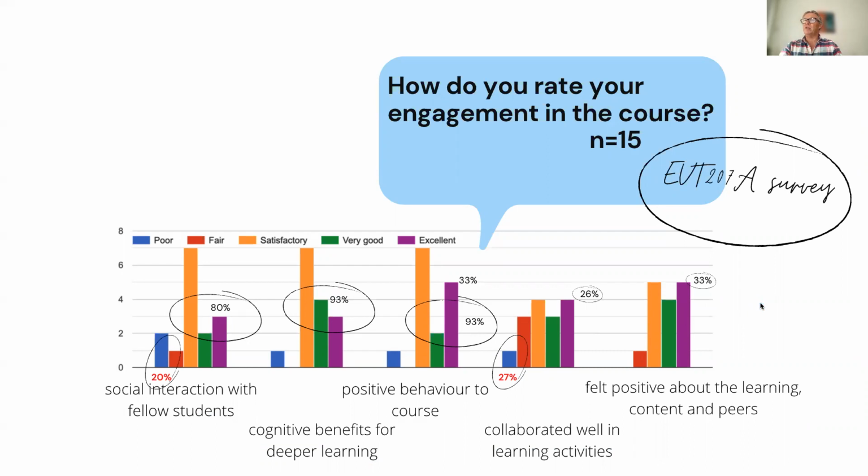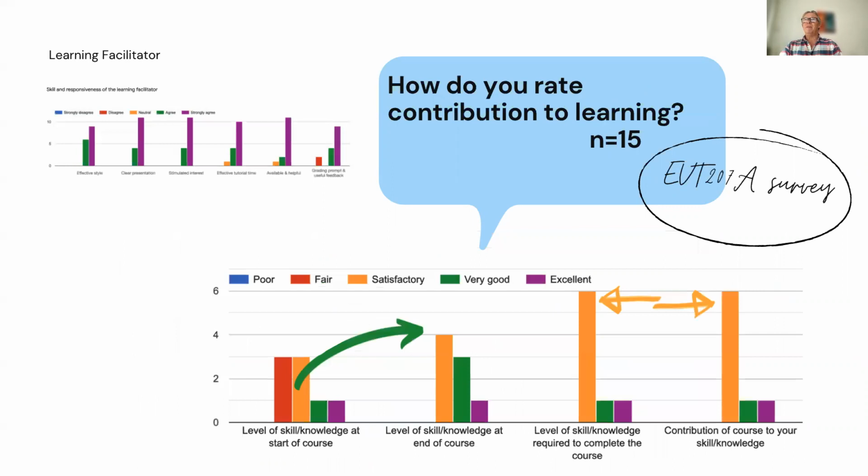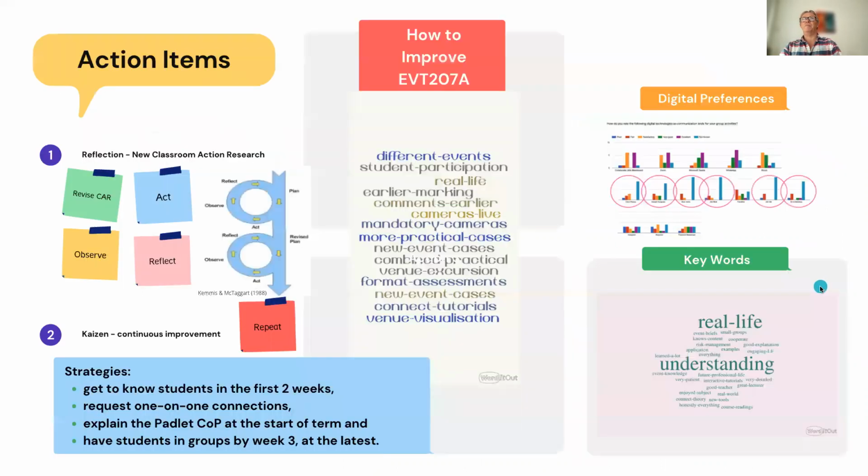So 2 areas that the students also see are low areas of student engagement. Contribution to learning: students improved over time in their level of skill and knowledge, which one would hope. And there were some positive comments about me as a learning facilitator and my skill and responsiveness.